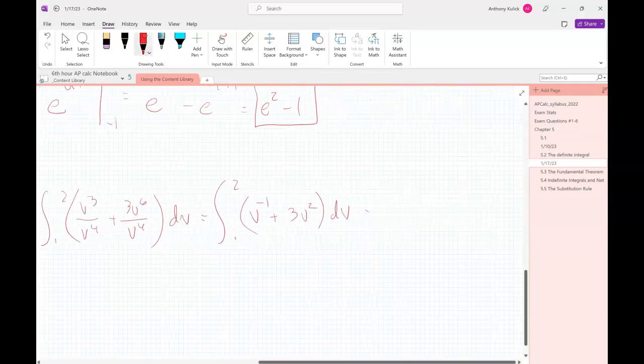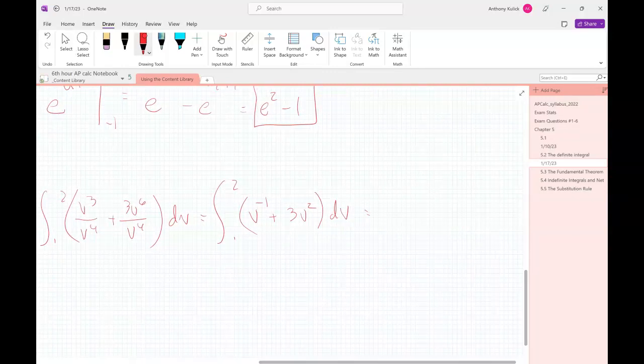And what's the antiderivative of v to the negative 1, or 1 over v? The natural log, right? And then the antiderivative of v squared is v to the n plus 1 over n plus 1.